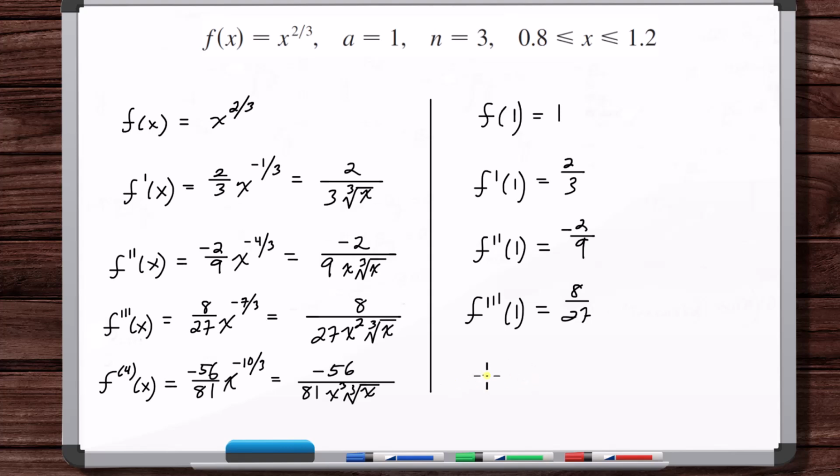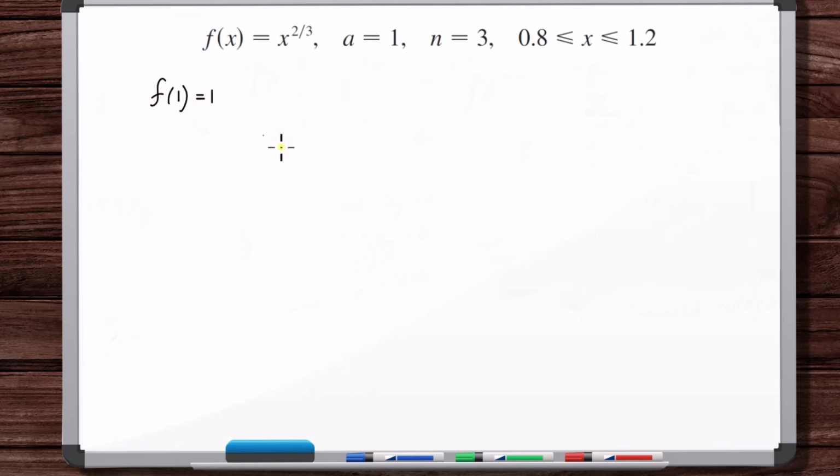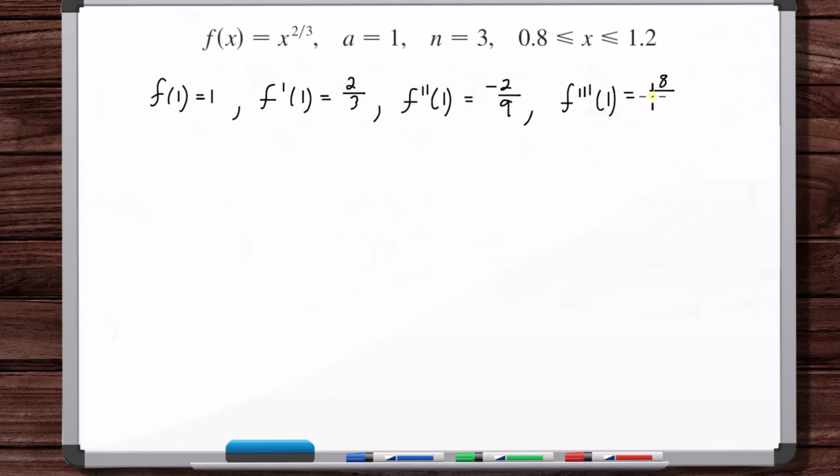And we're not going to need to plug anything in for the fourth derivative. Now we don't need to find any pattern like we would for the Taylor series, because we're just taking these first four terms.